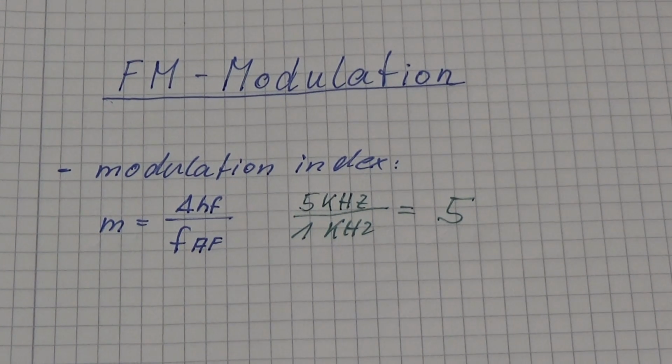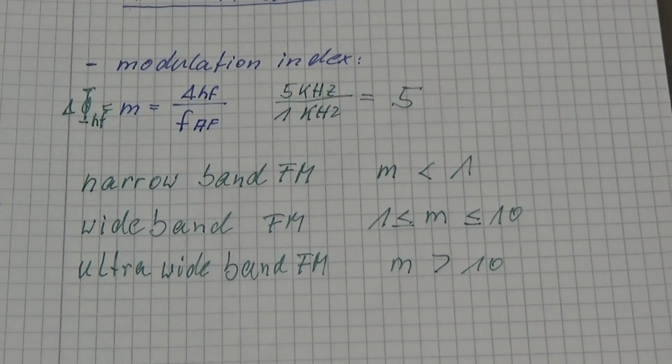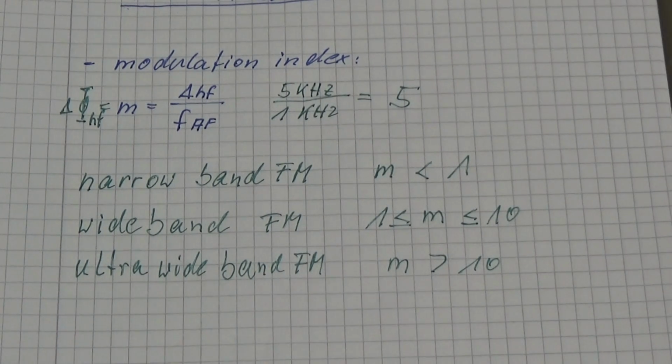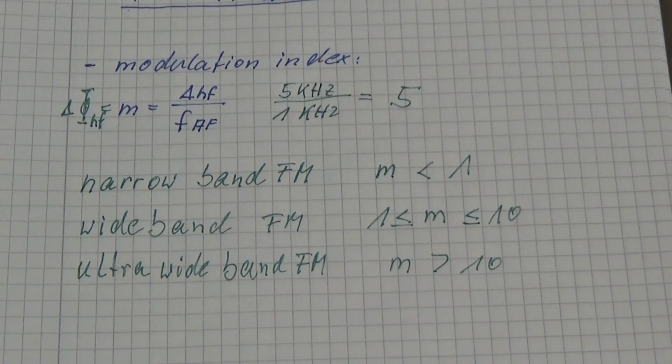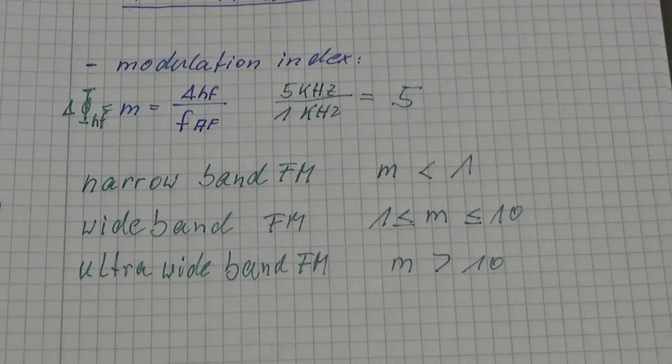So let me write it down so that you see what I mean. Okay, and here it is. So we have here again our three different conditions, and if we really have a narrow band FM where the modulation index is smaller than 1, then our spectrum analyzer screen looks like AM modulation, and we only can distinguish it if we demodulate the signal.